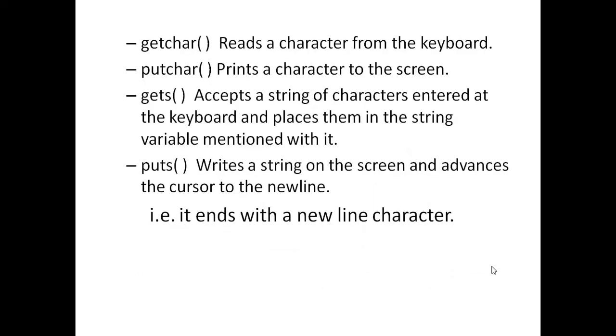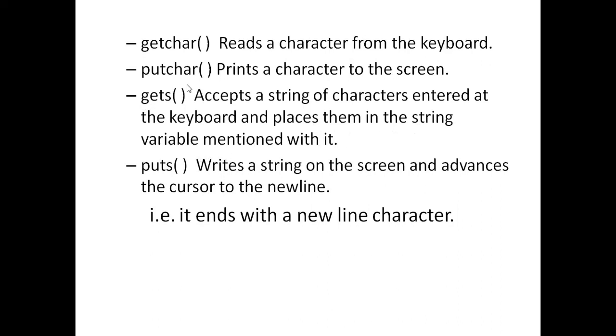The getChar function reads a character from the keyboard, and the putChar function prints a character on the screen. The getS function accepts a string of characters entered at the keyboard and places them in the string variable mentioned with it.